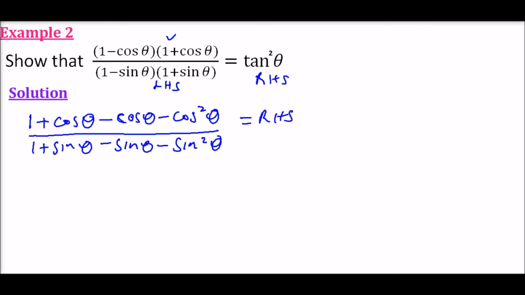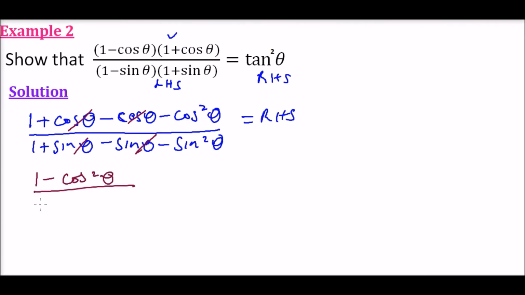Now with this, we can say that cos theta minus cos theta goes, and sin theta minus sin theta goes. So in the numerator we will be left with 1 minus cos squared theta, and in the denominator we will be left with 1 minus sin squared theta, is equal to the right hand side. Now we have learned about the identity, which says that sin squared theta plus cos squared theta is equal to 1.